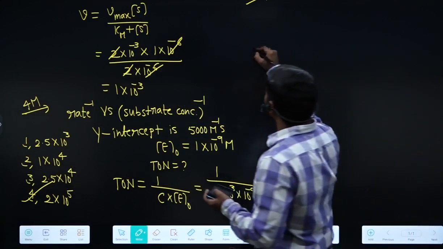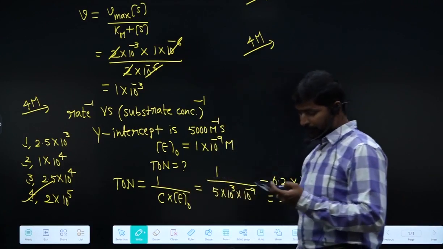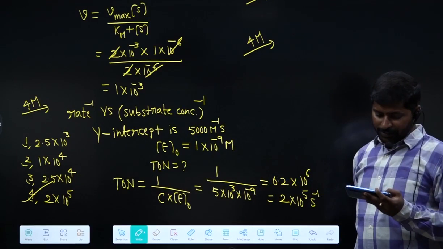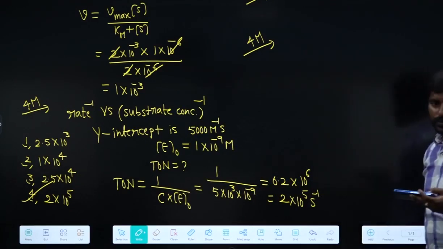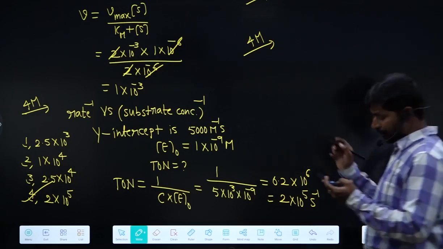Next one. For an enzyme catalyzed reaction, the Lineweaver-Burke plot gave following data.